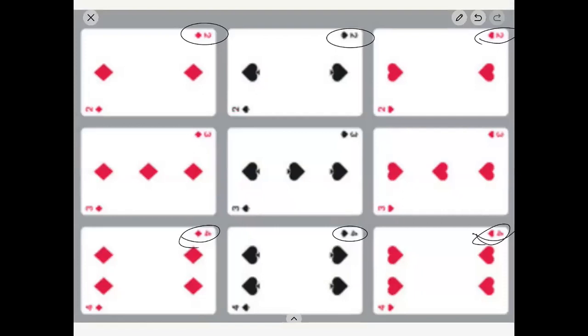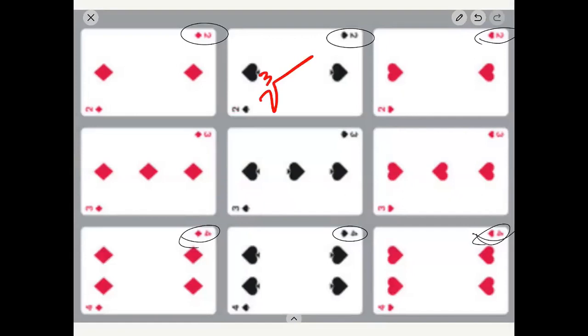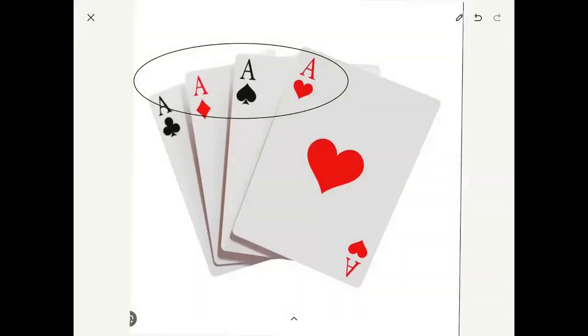If we were doing cube roots, we were looking for three of the same kinds of cards. Like these twos would qualify because this is a three pair. If we were looking for the fourth root, we would be looking for four of the same types of cards. So now we're going to use that image of two pairs, three pairs, four pairs to help simplify, not solve, but simplify radicals.